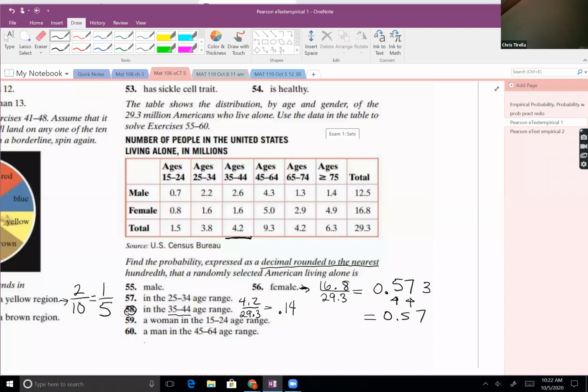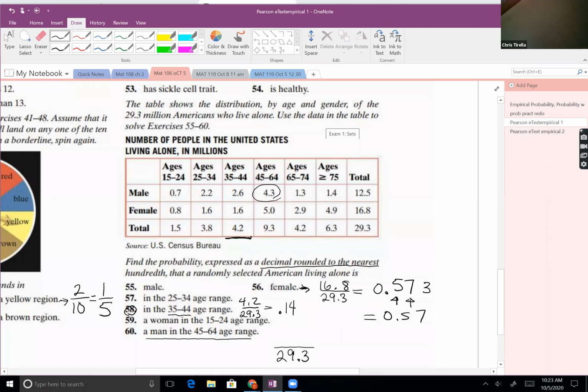And then what's the probability that we have a man in the 45 to 64 range? Again, the total number of experiments, our sample space, is 29.3 million. How many are men in the 45 to 64 range?